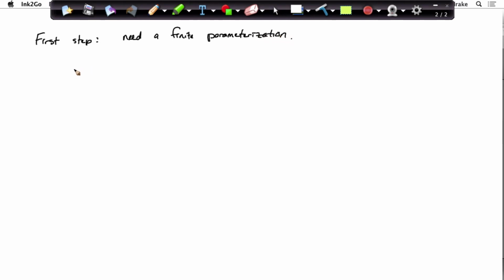If I write down that I'm going to try to find some u star of t, I don't know how to search over continuous functions with a computer with finite precision and finite memory. So I need to somehow come up with a way to parameterize that. There are a number of classical choices, and they're all easy.